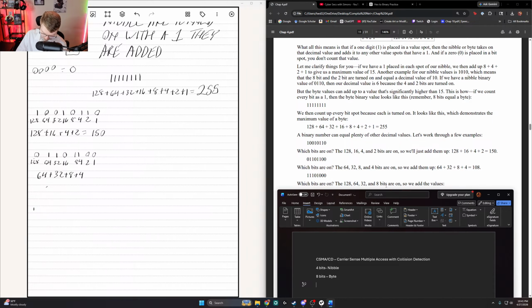We have 128, 64, 32, 16, 8, 4, 2, and 1. 128 is turned on. 16 is turned on. 4 is turned on. And 2 is turned on. The rest are zeros. So we have 1, 0, 0, 1, 0, 1, 1, 0. That would be our binary.